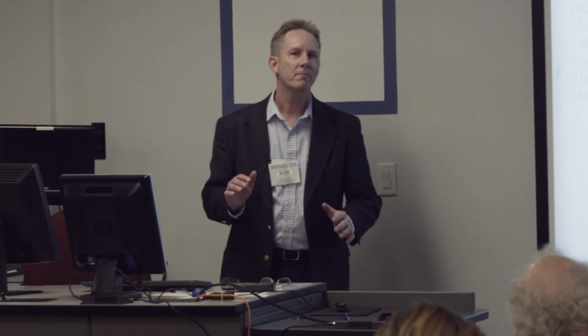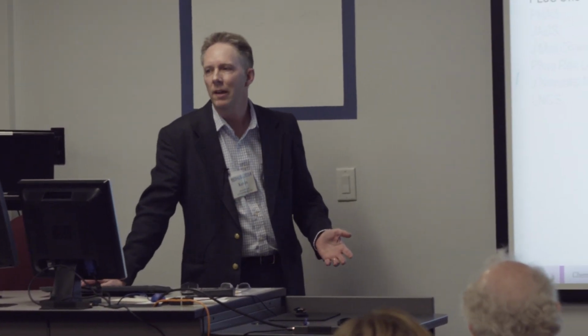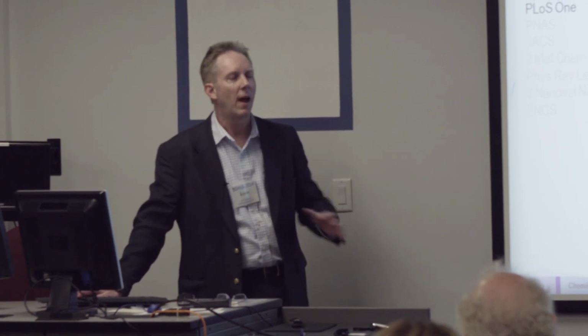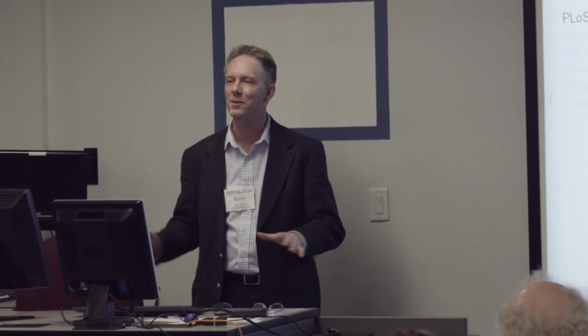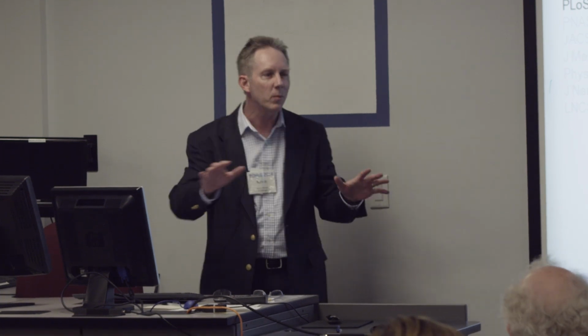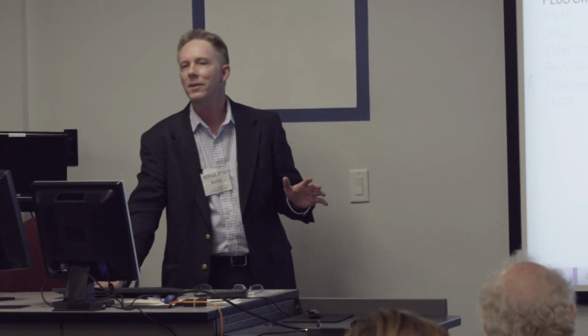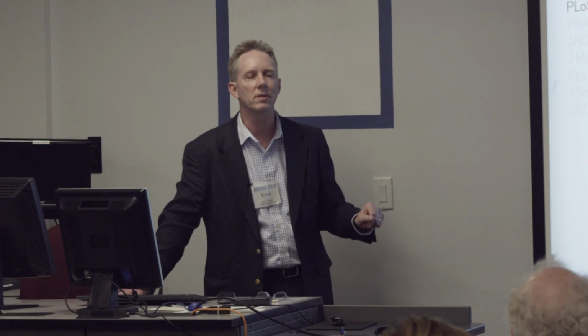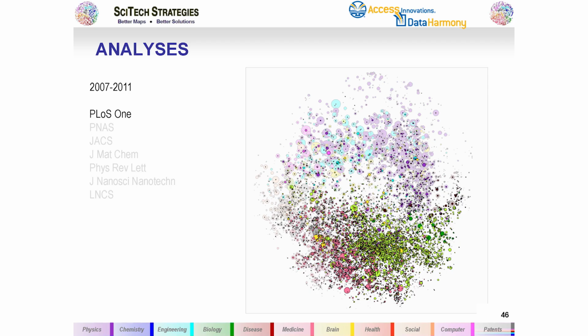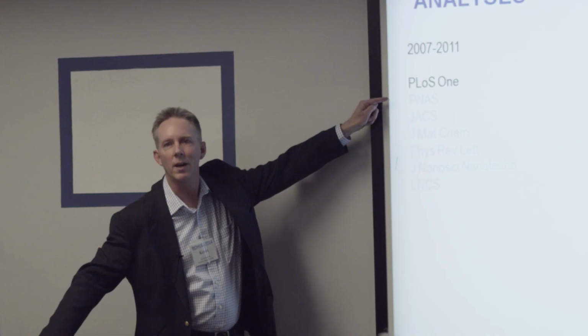Being somebody who's got a couple of papers in PLoS 1, I've got my own views on PLoS 1 and what their strategy might be, which probably have nothing to do with what the real strategy is. But as somebody who has done a lot of bibliometrics research and looked at different journals for different questions and reasons, I've always thought that PLoS 1 was targeting Proceedings of the National Academy of Sciences.